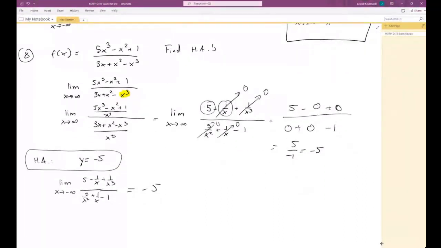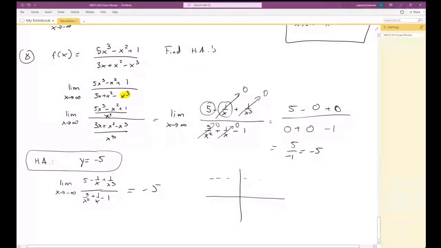Okay. Let's do something a little bit more tricky. So maybe we should do this one. Maybe I'll involve the arctangent. Does anybody know the graph of arctangent? You should know it, right?